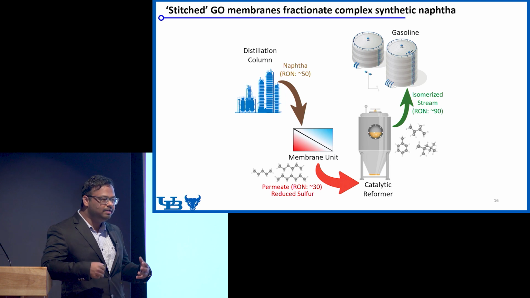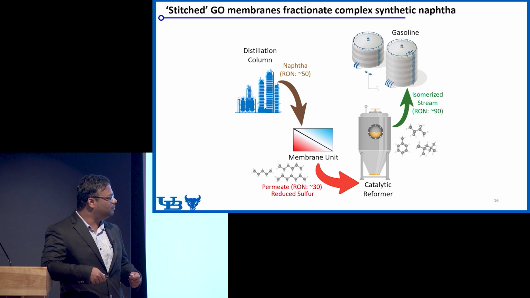So this actually reduces the load of the catalytic converter and reduces the footprint or the energy requirement for the catalytic converter. So you are not feeding unnecessary feed into the catalytic converter. What is interesting is that this membrane also reduces some of the sulfur-containing compounds. And if you can reduce the sulfur-containing compounds, you minimize the risk of poisoning the catalyst present in the catalytic reformer.